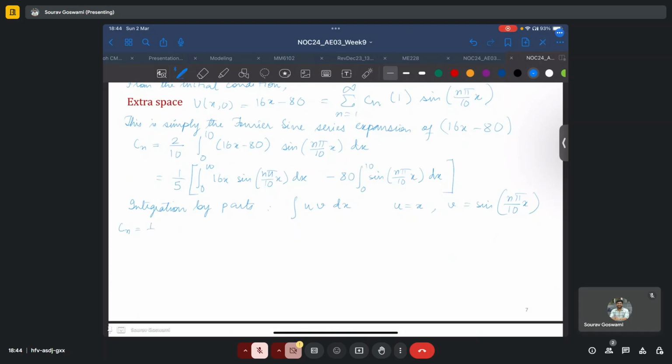With that choice, let us see what this computes to. Cn becomes 1 by 5. We have the 16 coming out. U into integral v dx, and this is to be evaluated between 0 and 10, minus, just to be clear, 16 is multiplying all of it, minus integral of differential of u, which is simply 1, into integral of v dx, so cos n pi by 10 x by minus n pi by 10, whole dx.